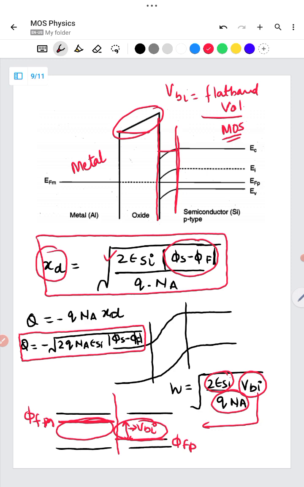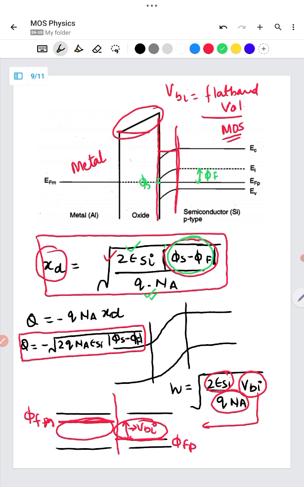At the depletion region, the distance of the Fermi level is phi F, the bulk Fermi potential, and at the other end of the depletion region the Fermi level is defined as phi S, the surface Fermi potential. So what would be the xd? The xd would be the square root of 2 epsilon Si divided by q Na, times phi S minus phi F.